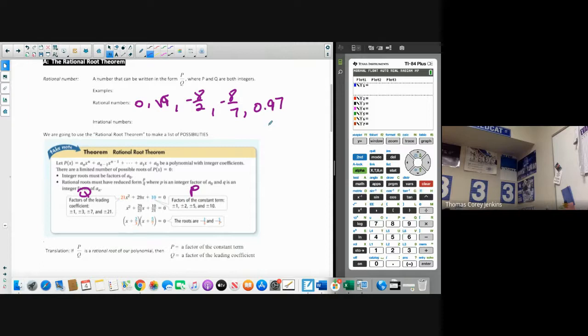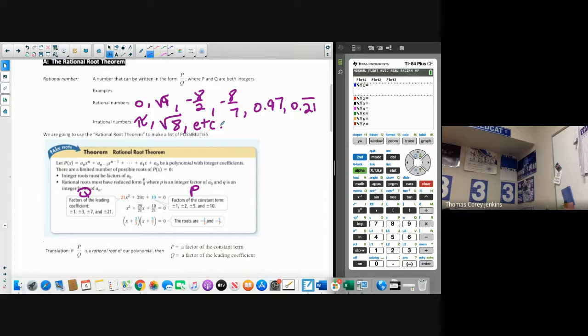One that people sometimes forget is a repeating decimal. Those are rationals. Irrational numbers: one famous one that doesn't end and doesn't repeat is pi. Other than that, we're talking about square roots of non-perfect squares or cube roots of non-perfect cubes, like the square root of 8.